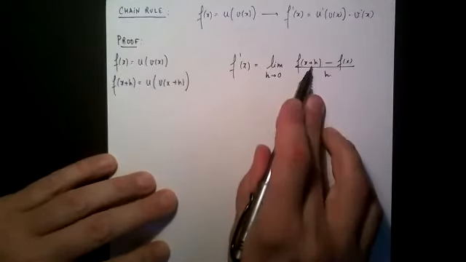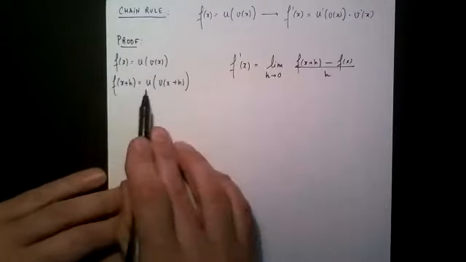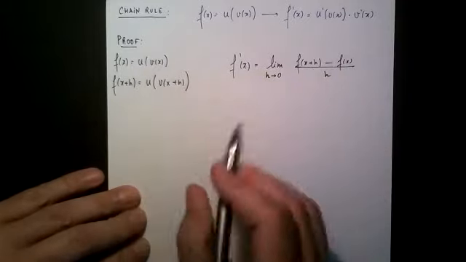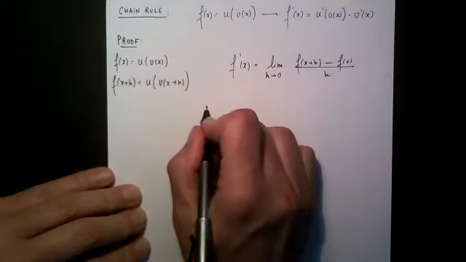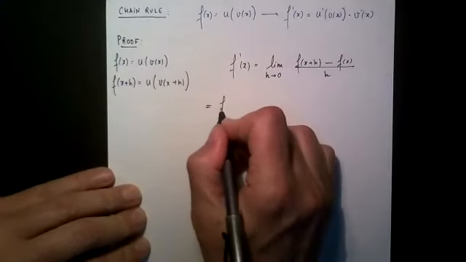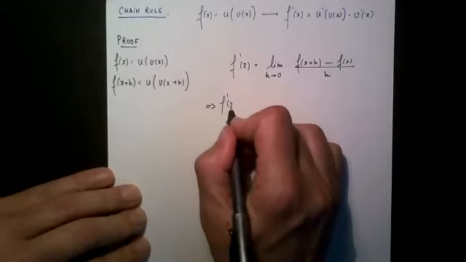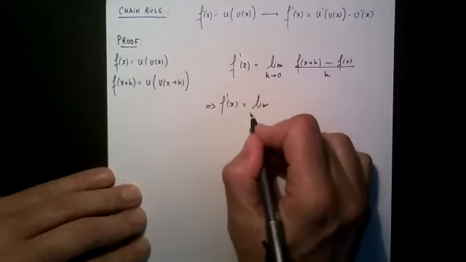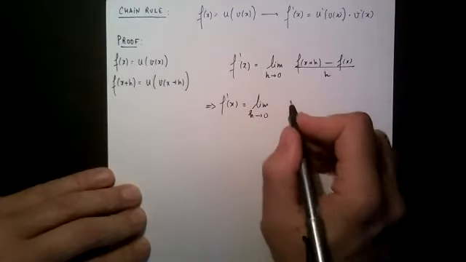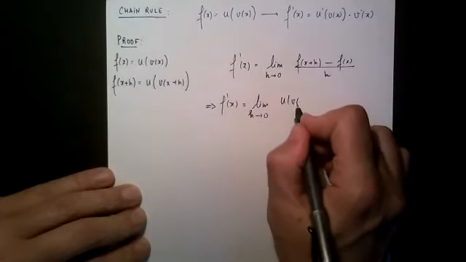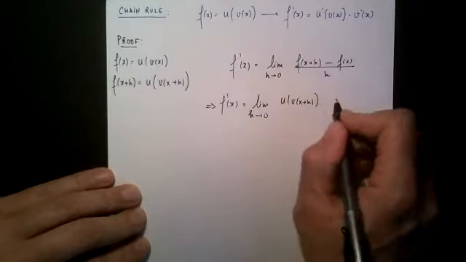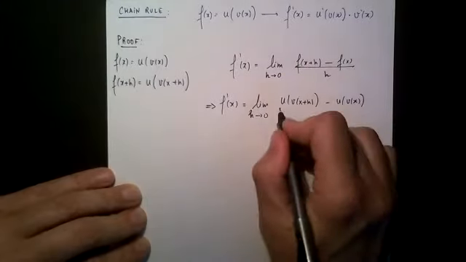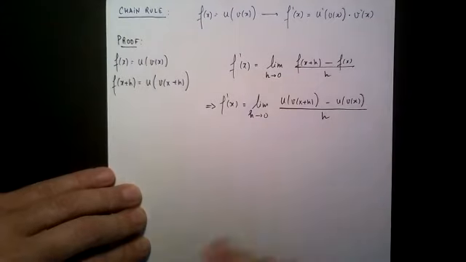I'm going to replace f of x plus h and f of x by these. So f prime of x is equal to the limit as h approaches 0 of u of v of x plus h minus u of v of x, and all this divided by h.